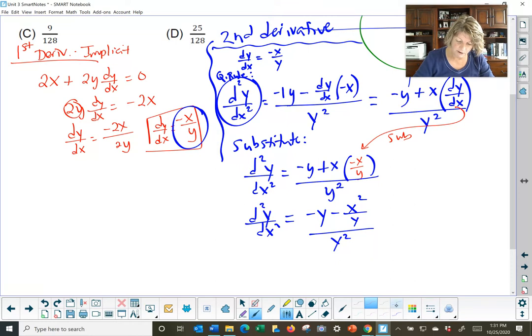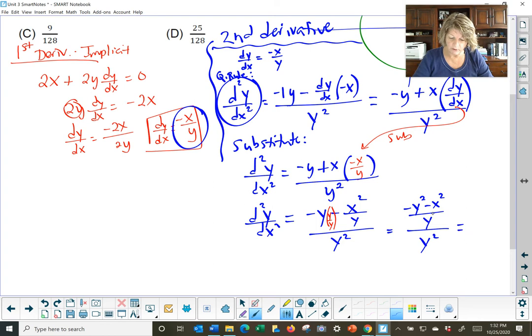I want to make this into not a complex fraction, but rather just a nice fraction. I need to achieve like denominators. So the first term in the numerator needs a denominator of y. And that's going to give me negative y squared minus x squared. Common denominator between those two terms is y, all over y squared.